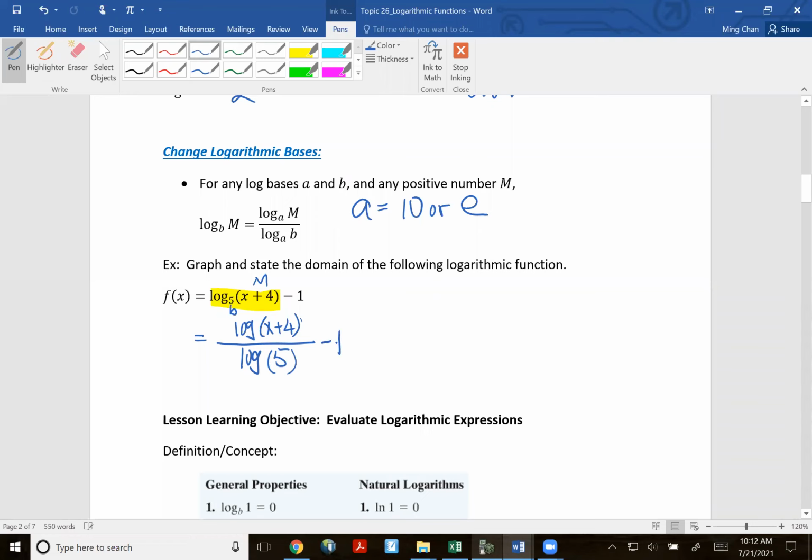Still minus one. Now the base can also be e, right? So I can also rewrite this first term as a natural log. Log with base e is the same as natural log. So I can also write it as natural log of x plus 4 over natural log of 5.